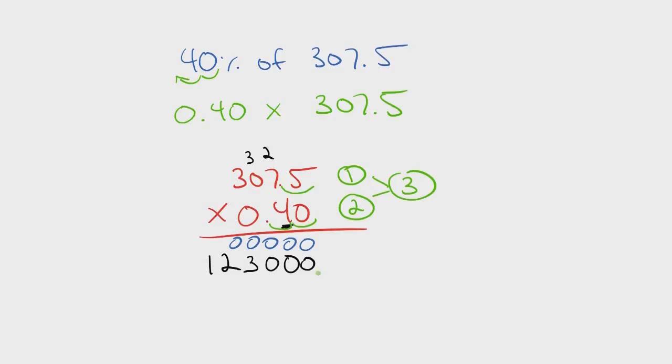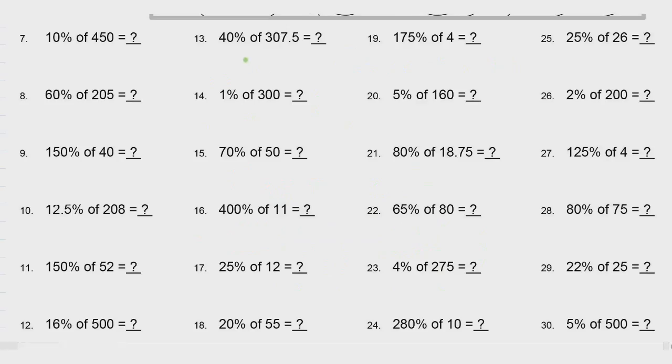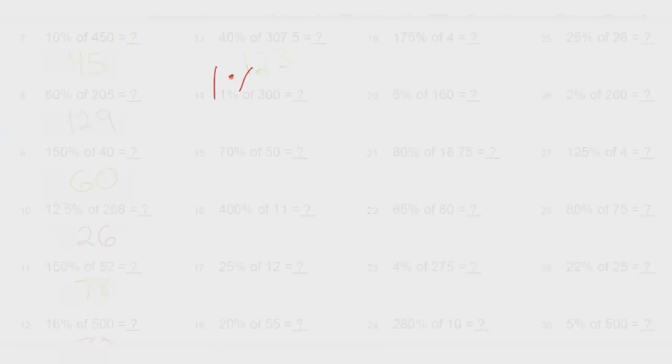And when we're done, we need to go 1, 2, 3, because there's 3 digits to the right of the decimal up here. So we put the decimal right there, and we get 123. 40% of 307.5 is 123. The answer is 123.